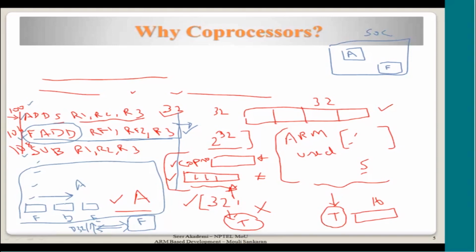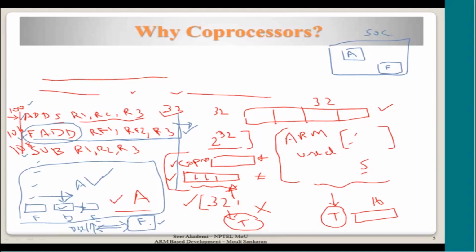When the ARM processor decodes this instruction, it will realize that it has got a floating point operation which it cannot execute. If there is a coprocessor which supports this particular instruction, then it might pick the instruction to execute. When this instruction comes into the execute stage, it looks for a coprocessor to see whether it is ready to take this instruction or not.